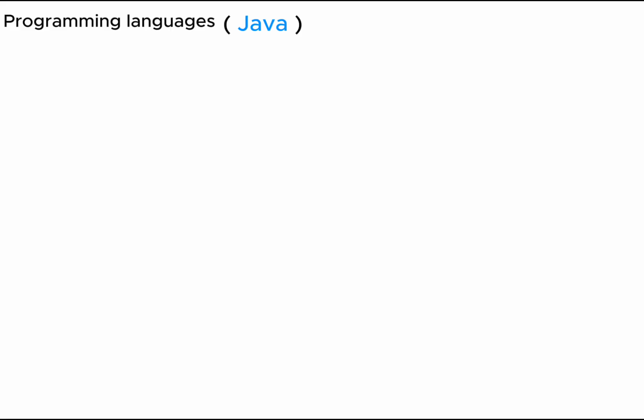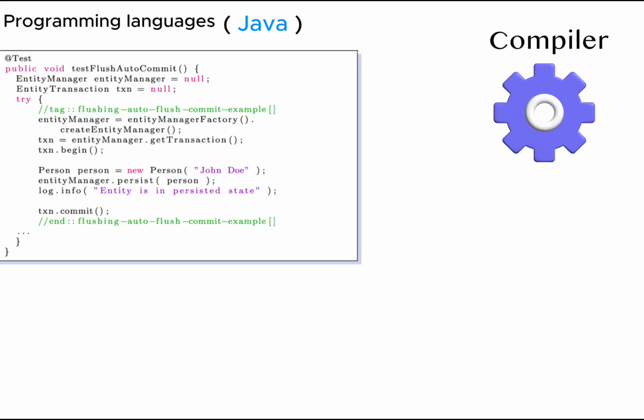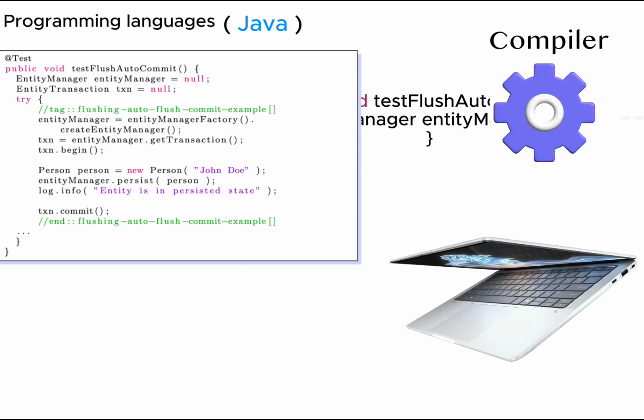To run a Java application on any computer, we need to install the Java compiler. A compiler is nothing but one kind of application software. This Java compiler helps us convert our code to machine specific instructions. Our code looks like fancy English words with multiple colors, multiple instructions.